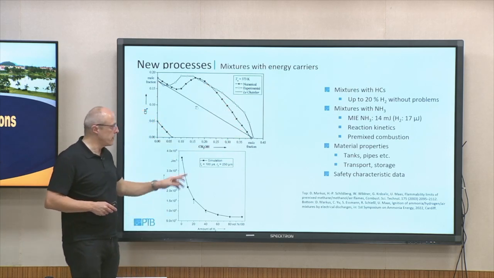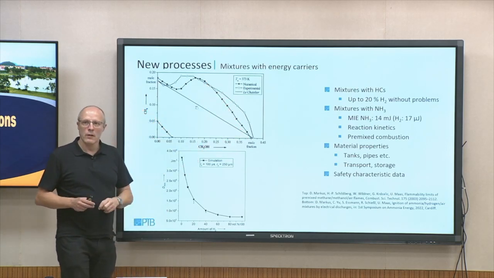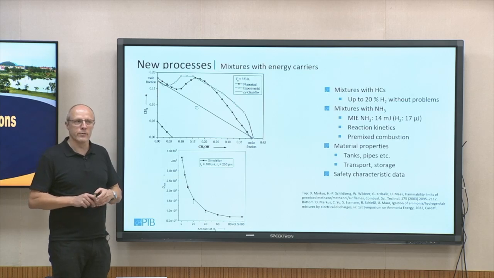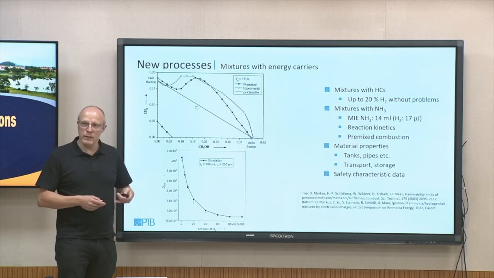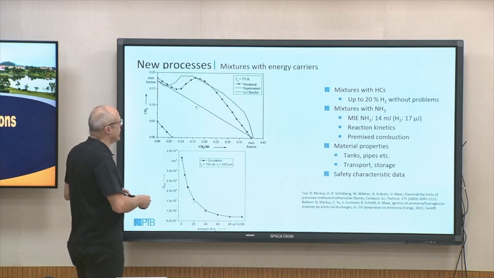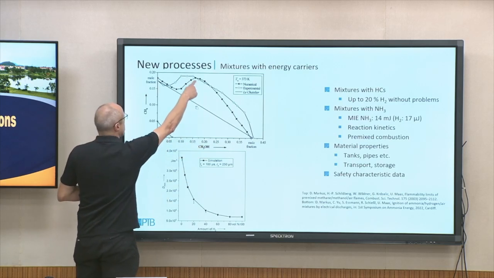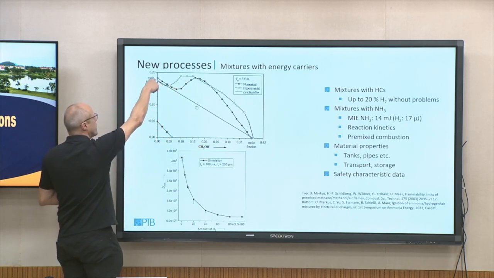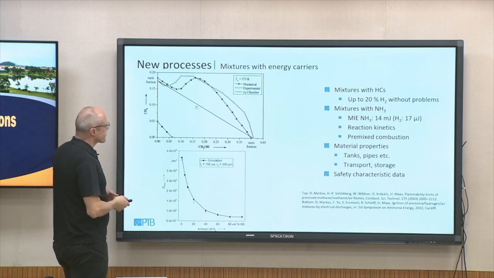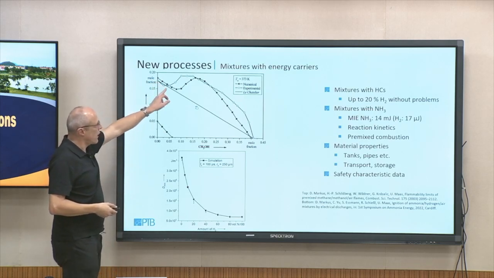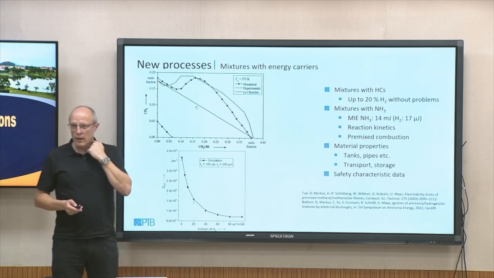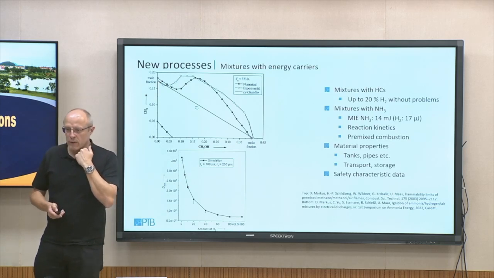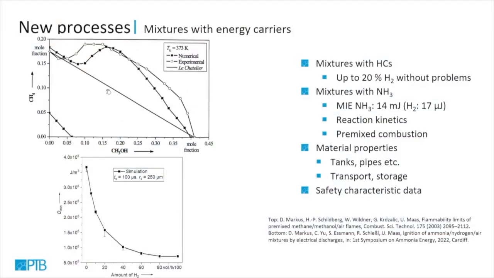Combustion is dominated by this combustible, and methane is more or less interacting only and burned later on. And from this change here we have a pure methane flame. So the chemical kinetics change in this area. And of course, this is very important if we want to handle this with safety.